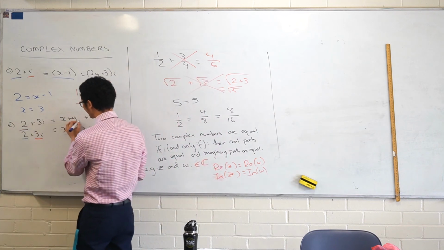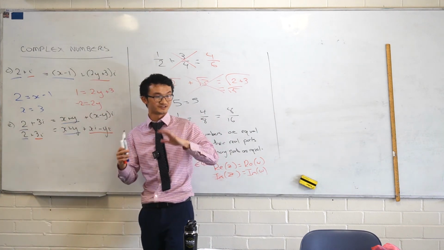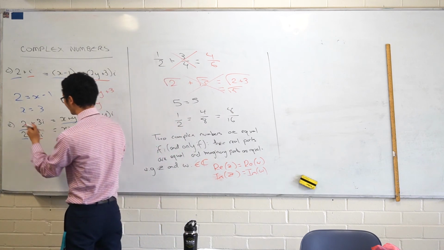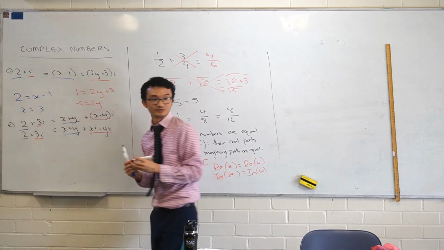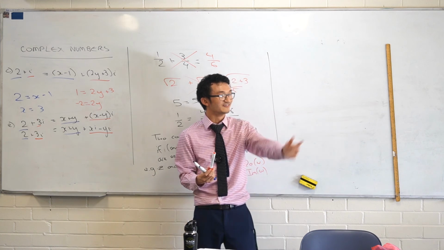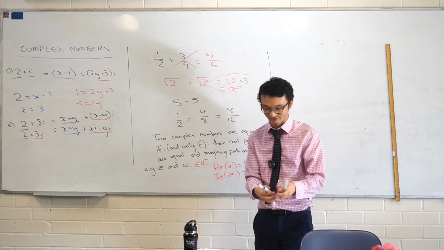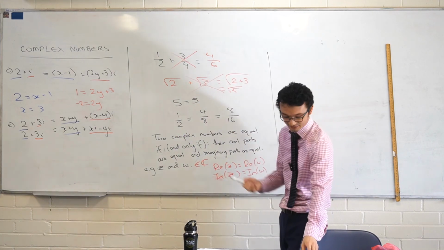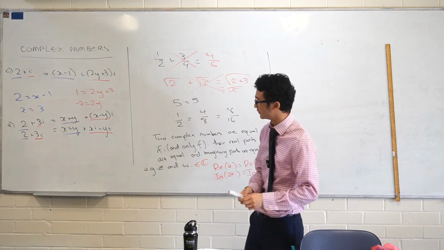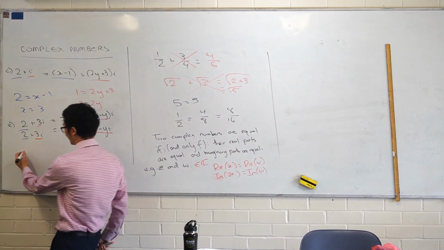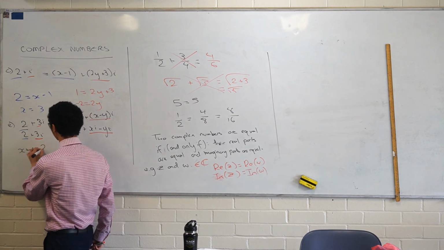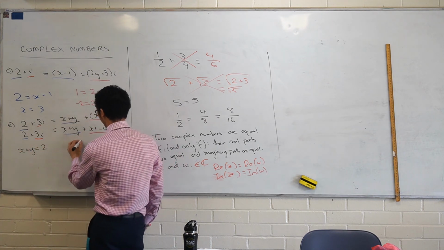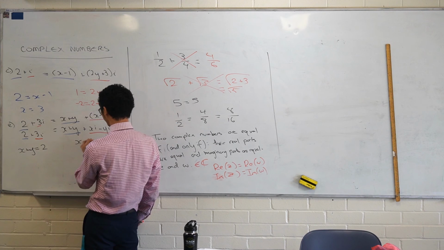You can just say 2 is equal to x plus y, because that's the real component, that's separate from i. And then 3 is equivalent to x minus y, which is essentially what you did anyway, but you just expanded afterwards. And then you'll realize you have to create a simultaneous: x plus y is equal to 2 and x minus y is equal to 3.